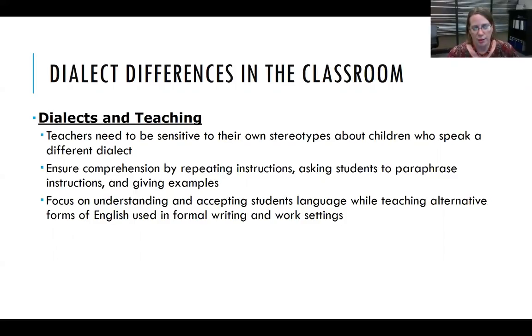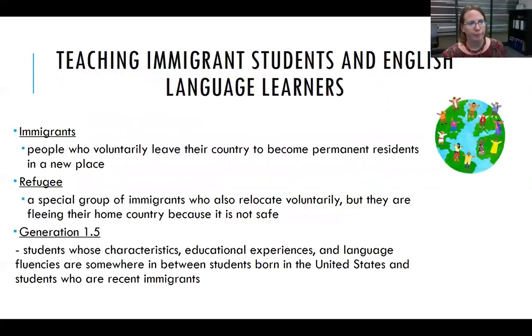Focus on understanding and accepting student language while teaching alternative forms of English used in formal writing and work settings. So we're still trying to help them develop the standardized English, but respecting the fact that there are differences between groups. We don't want to invalidate somebody and what they've learned from their life.